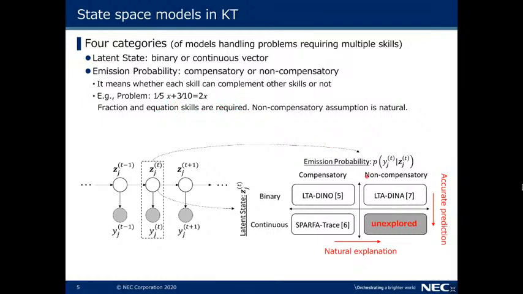We organize these 4 categories in this figure. The latent skill is binary or continuous. The emission probability is compensatory or non-compensatory. For these 3 places, there is existing work, but the place here, non-compensatory and continuous model, is unexplored.